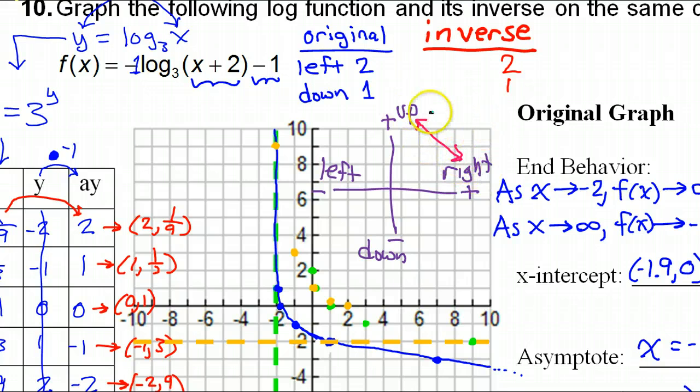So anything that said up will become right, and anything that said right will become up. Similarly, the two negative words will be reversed. So anything that was going to be left will become down, and anything that says down will become left.